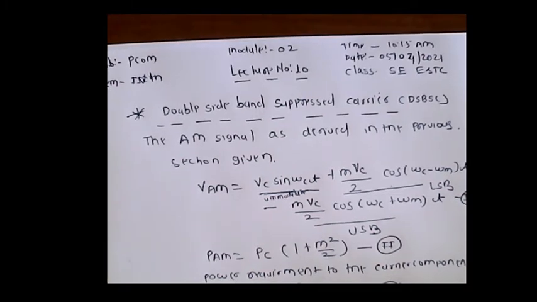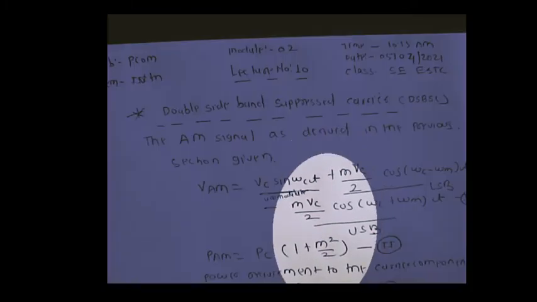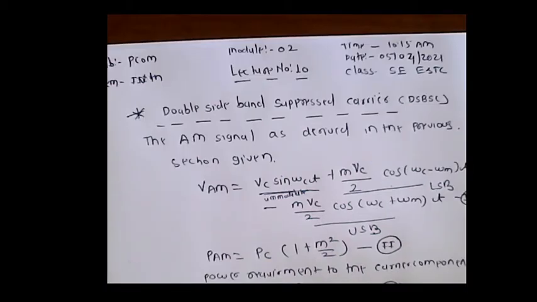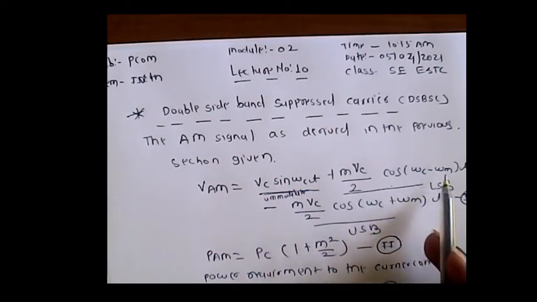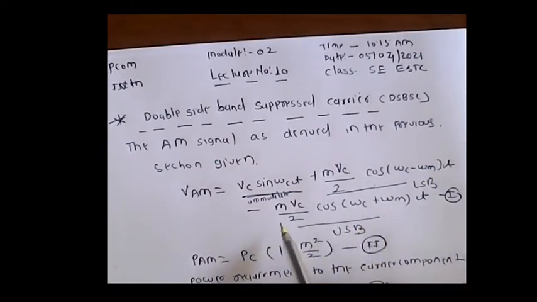So AM signal in double sideband full carrier wave can be represented mathematically as V_AM = Vc sin omega_c t + (m Vc / 2) cos (omega_c - omega_m)t - (m Vc / 2) cos (omega_c + omega_m)t, where Vc is the amplitude of the carrier wave and m is the modulation index, omega_c is the carrier frequency of the carrier wave and omega_m is the frequency of the modulating signal.